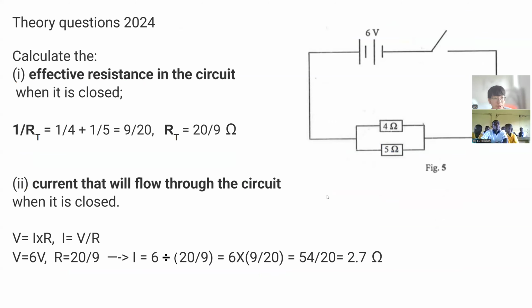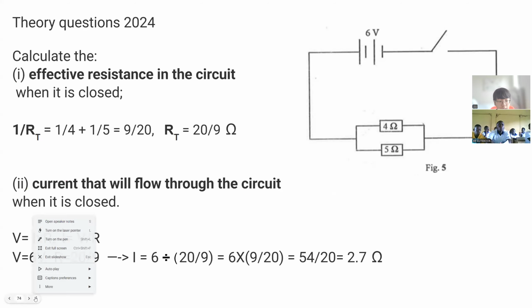Now let's look at this theory question. It is about parallel and series resistors, and it tells us to first calculate the effective resistance in the circuit. So it is asking us to find R total, the total resistance. Can you tell from the figure on the right, is this parallel or series? Can anyone tell me?